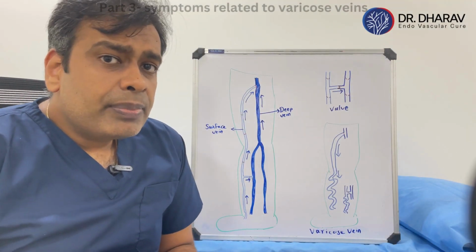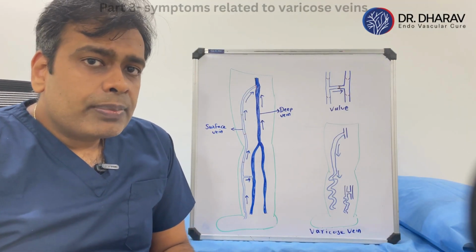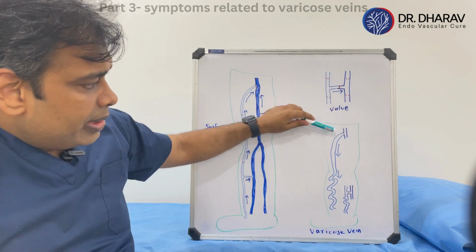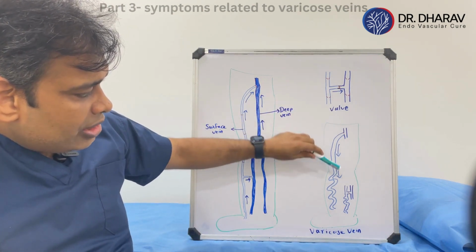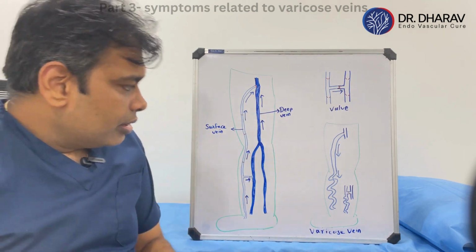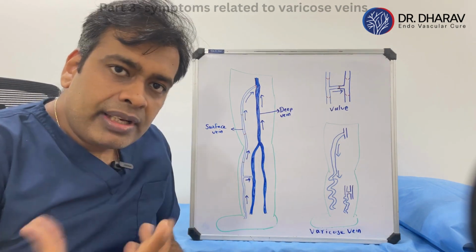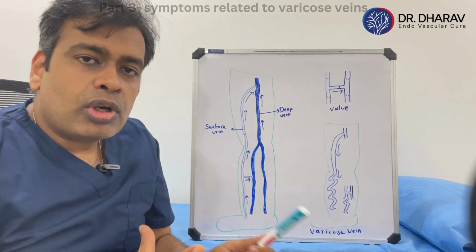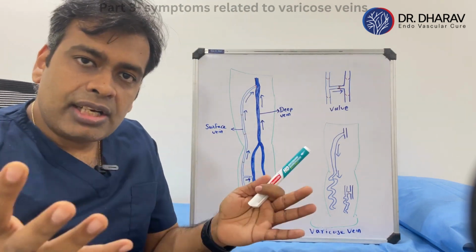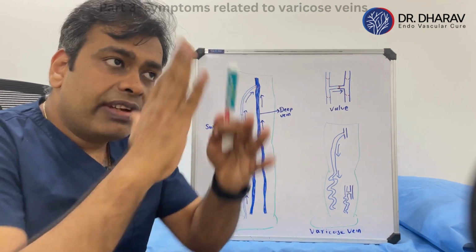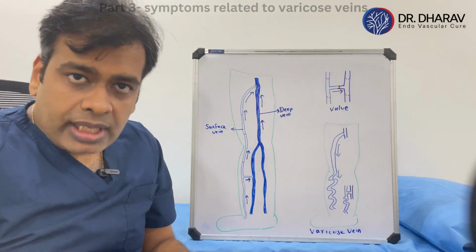Now let's see how symptoms develop because of this varicose vein problem. Because of this varicosity, blood is going down instead of going up, and it is accumulating in the leg area. So you may develop visible veins. Normally veins are not very prominent or visible, but because of this tortuous dilated vein, you can clearly see veins over the leg area or the thigh area.